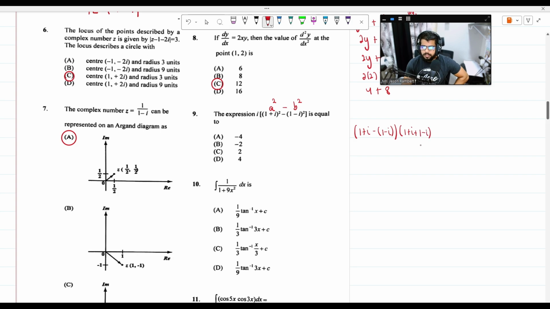I don't need to put the brackets for the plus because the plus wouldn't change anything. 1 plus i minus 1 plus i, multiplied by 1 and 1 is 2, i minus i. So 2 here. 1 minus 1 is 0, so I'm going to get 2i inside of here. 2i by 2 is 4i. And we had to multiply that by the i on the outside, so we get 4i squared, which is 4 into minus 1, which is minus 4. So the answer for this is A.